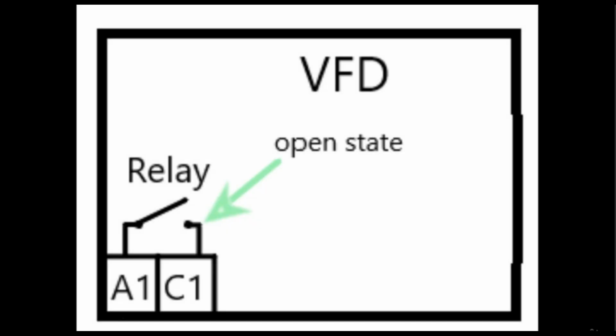Now, how does it work? It is simply a contact. As shown here, when the condition programmed is true, the state of relay will change from open to closed state. So the voltage will be supplied in this way.